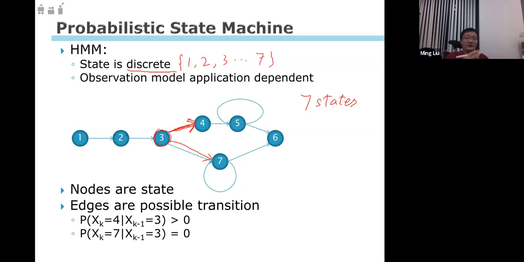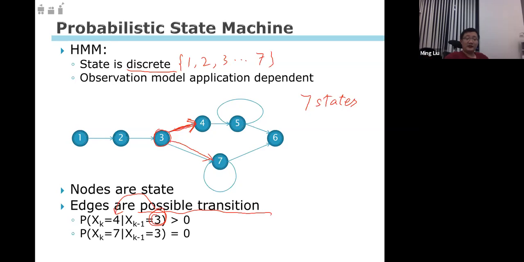Later, we will also extend this to a continuous model. But so far, it's discrete. And all the nodes are states, edges are possible transitions. For example, previously, if it's 3, and then the next state is 4, this is possible, and this is a positive number.